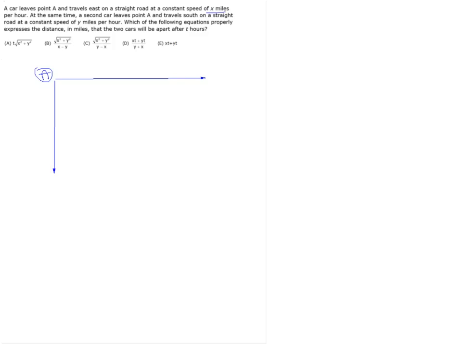It says, which of the following equations properly expresses the distance in miles that the two cars will be apart after T hours? Well, guys, here's the biggest secret about math. If you can catch on to this, you're going to be ahead of literally everyone in the world, and that's not an exaggeration. The beauty of math is no one can lie to you. No one can deceive you. No one can trick you.